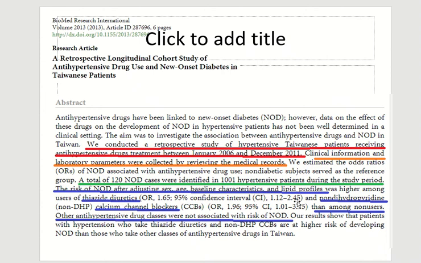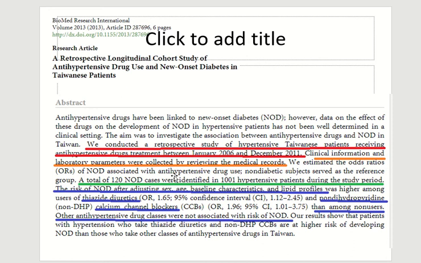If you want to interpret this 1.65, this is a 65% increase in the odds of new onset in the exposed versus the non-exposed. The confidence interval does not cross 1 and therefore it's statistically significant.